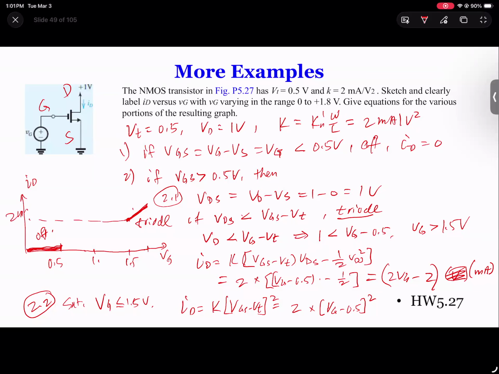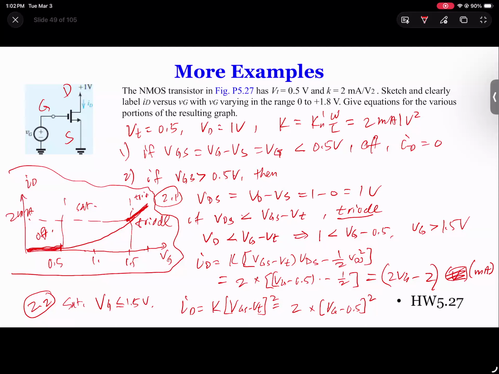So this 2 milliamps is good here. This is the saturation region, and this is the triode region. In saturation mode, your current goes as a quadratic function, and in the triode region, it goes up like a linear relation.